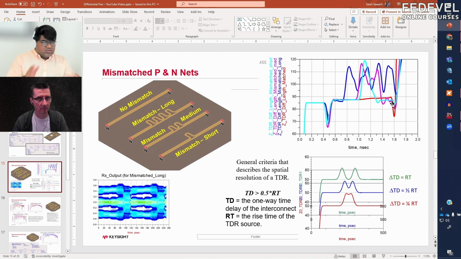So one question that typically one should ask is whether we will get an eye open or closed. If we directly plug this in, we'll see a response something like this. This is for the mismatched long condition. This one is the worst case, and you'll see that there is no eye, and this is at the RX output, at the output of that receiver.